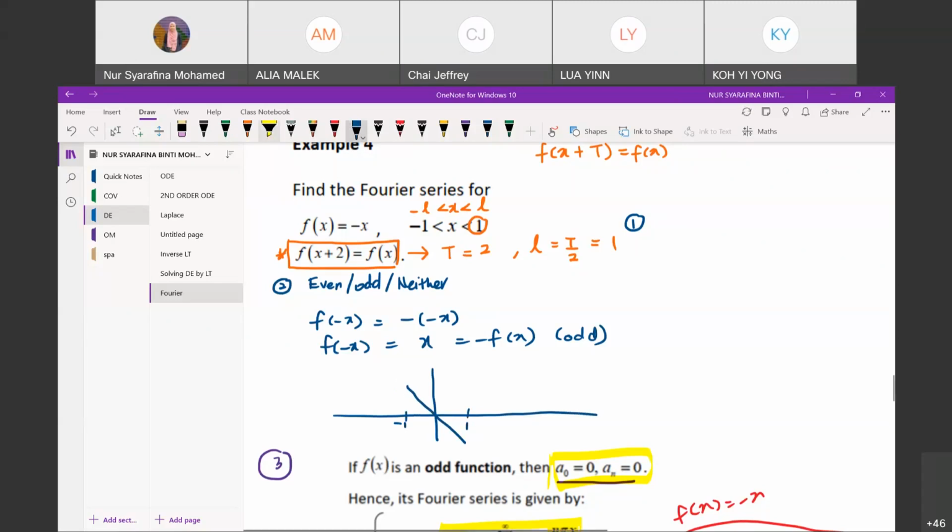As you can see, the graph is symmetric about the origin. So what can be defined by T? It means that this is a periodic function which repeats every T equals 2.